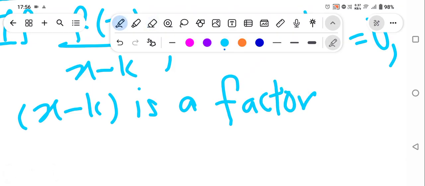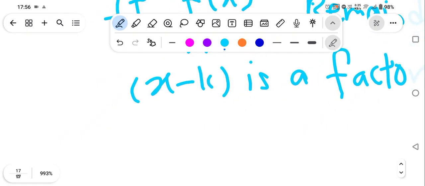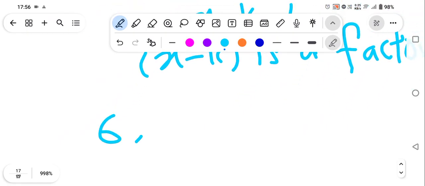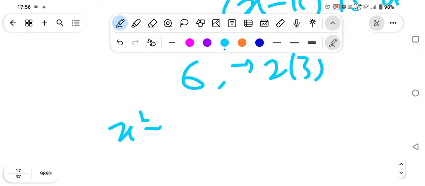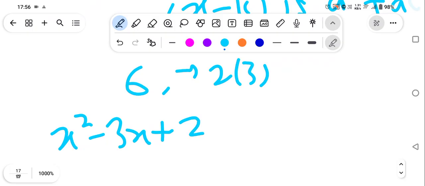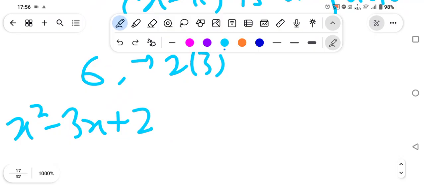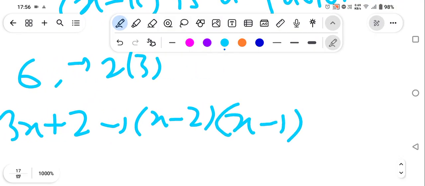What do we mean by factor? It means that f(x) can be factorized with x minus k as one of its factors. It's like 6 can be factorized into 2 times 3, and x squared minus 3x plus 2 can be factorized into (x minus 2) and (x minus 1).